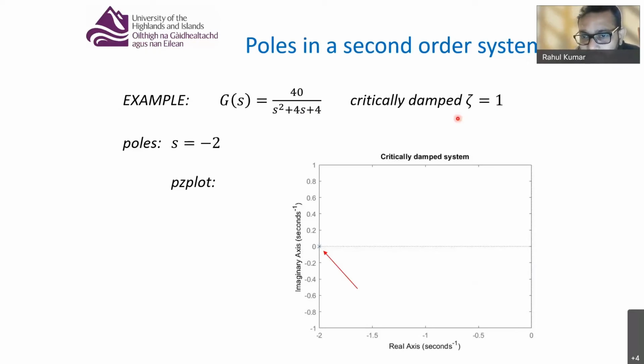Upon calculating the value of the pole, I will get one pole at s equals minus 2. Okay, so 0 is here and minus 2 is here. So I have put a cross at minus 2. This is the x axis.